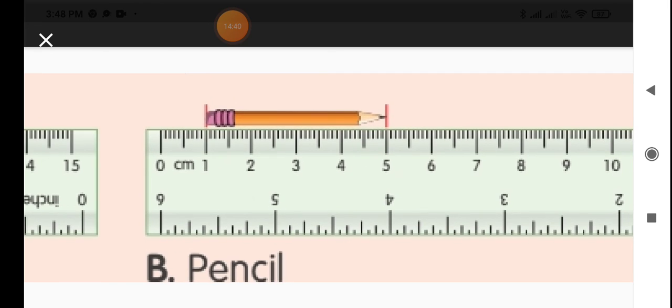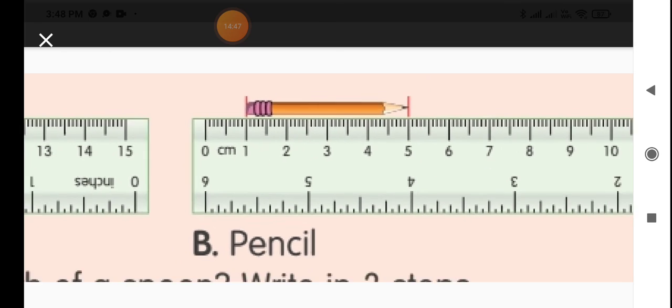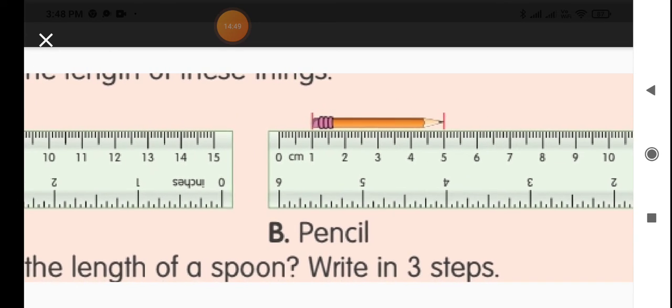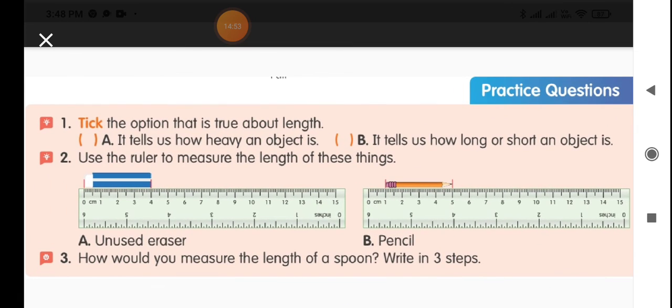So you subtract 1 from this, then you will get the exact length of the pencil, 4 centimeters. So this is the way to measure anything, children.